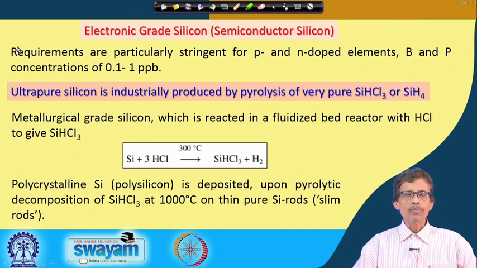So, SiO2 can be converted to silicon, that silicon to SiHCl3, and from there we get the silicon in its purest form. That is why it is basically a purification process where we get the electronic grade silicon for different semiconductor applications.